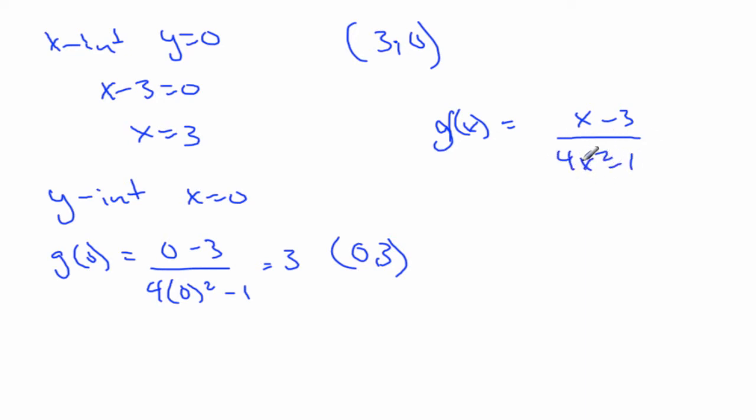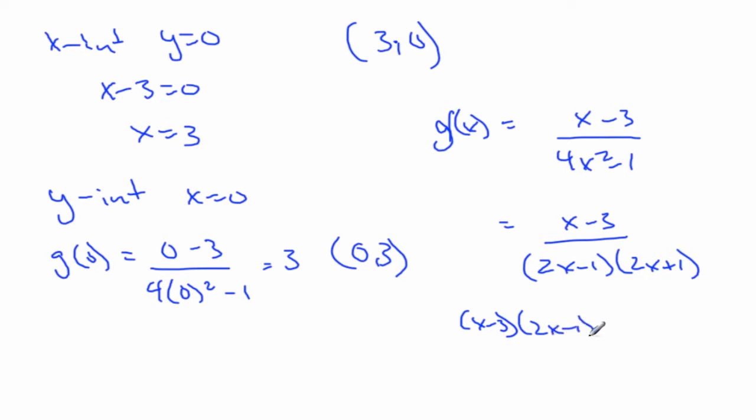I'm going to factor the bottom into 2x minus 1 and 2x plus 1. I do that so I can work more easily with my pluses and minuses when I multiply. And so I'm going to look at each of these factors and make a sign chart for x minus 3, 2x minus 1, and then 2x plus 1.